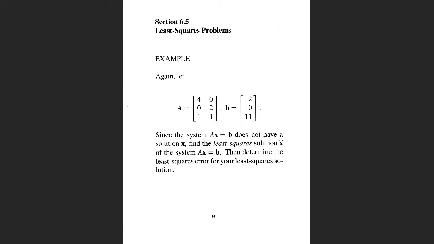And we know that the system AX equals B does not have a solution X. But what we want to do now is find the least square solution, X hat, of the system AX equals B. And then we want to determine the least squares error for our least square solution. Let me give you a moment to copy that example down before we work through it.